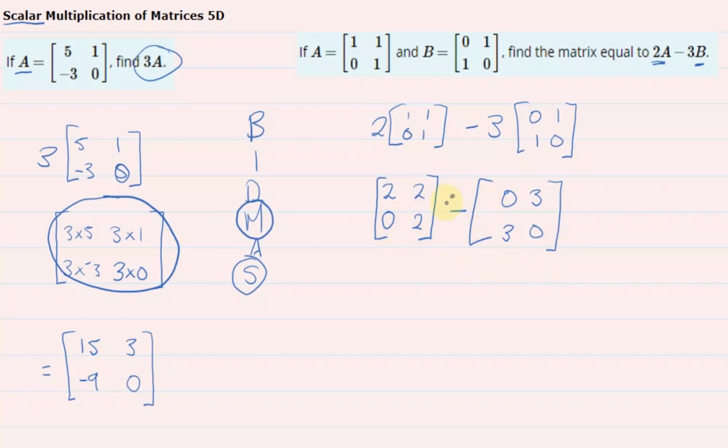Then we perform our subtraction. As in the last video, if you haven't watched the one on matrix addition and subtraction, we should know that, for instance, we're taking this 2 and we're subtracting 0 from it. Then we're taking this 3 and subtracting 3 from it, and so on.